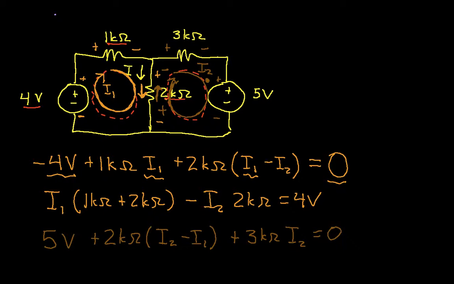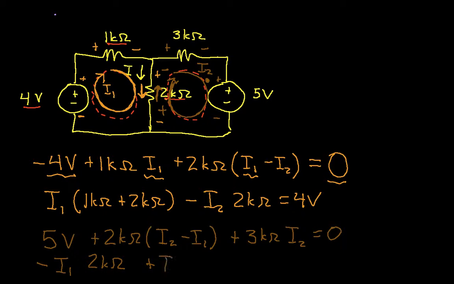And again, I can do some simplification on this. So I have minus I2 times 2K ohms plus, whoops, got that one wrong. Don't want to have this be I2, we want this to be I1.